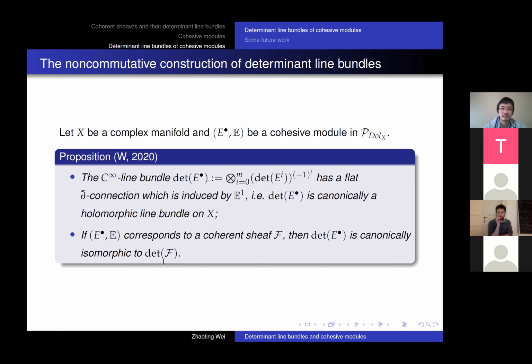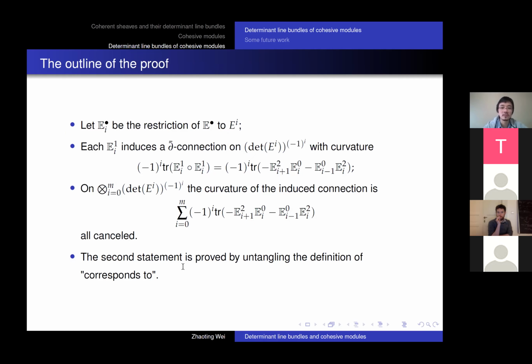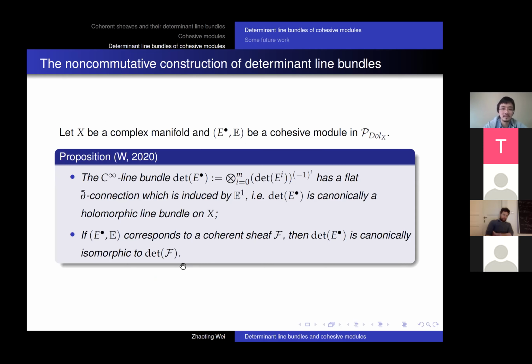Okay, so how to prove this? The proof is surprisingly easy. First, we know that this construction, the tensor product of determinant of E_i to the power (-1)^i. Why can we do this?